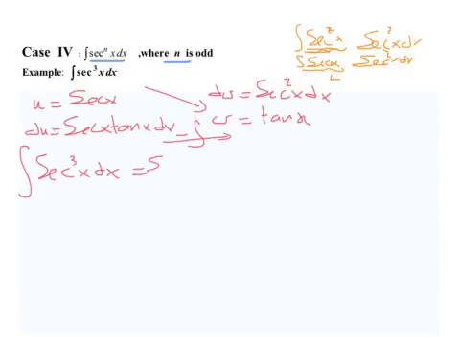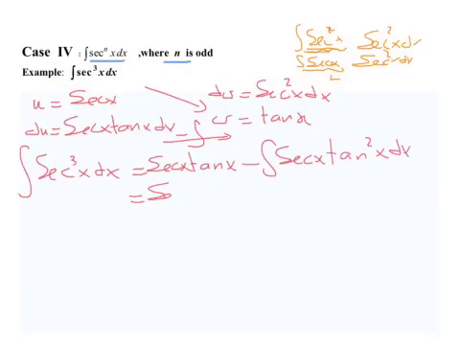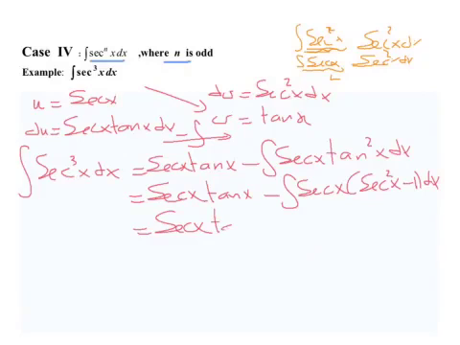So you have secant x tan x minus integration of secant x tan square x dx. This is equal to secant x tan x minus, you change tan square into secant square x minus 1 dx. This is equal to secant x tan x minus integration of secant cube if you open the bracket, and secant times 1, so it's going to be plus integration of secant x dx.